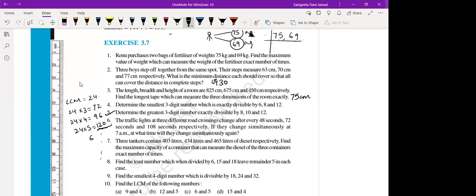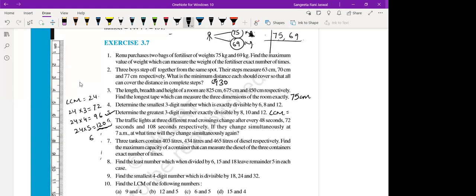Okay, so Trilokya, look here. In this question number 5, you have to find the greatest 3-digit number. In the above question, it was the smallest 3-digit number. Here you have to find the greatest 3-digit number, which is exactly divisible by 8, 10, and 12. So like question number 4, you will again find the LCM of these numbers, 8, 10, and 12.